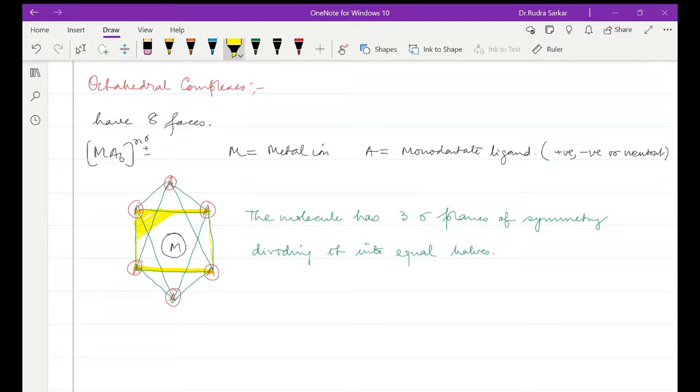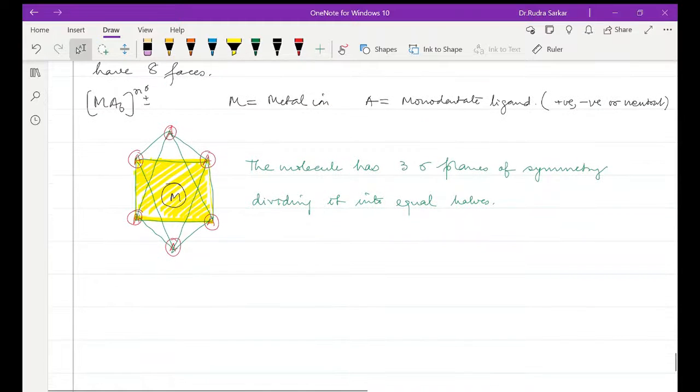So this is the plane of symmetry that will be dividing the molecule into 2 equal halves. Okay, there will be a top half and there will be a below half. Okay, so there are 2 such more, that are lying on the xz plane and zy plane. The one that we have highlighted over here is the xy plane.